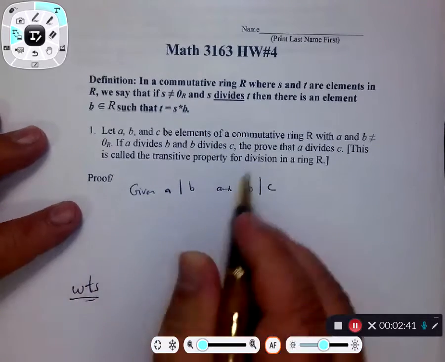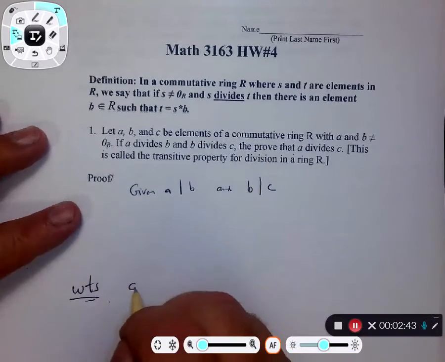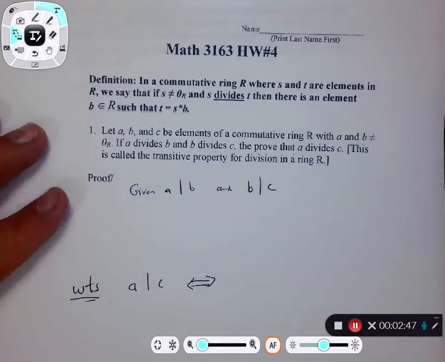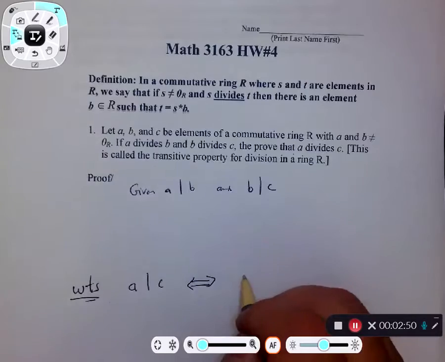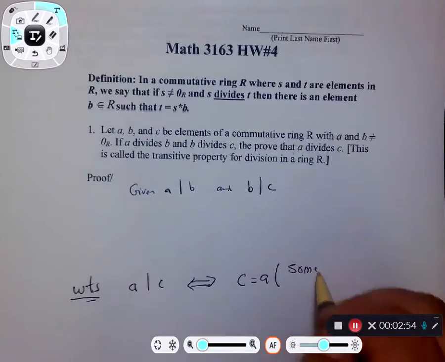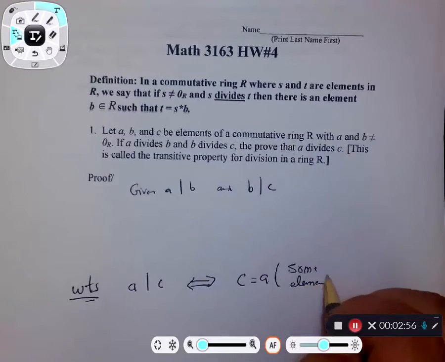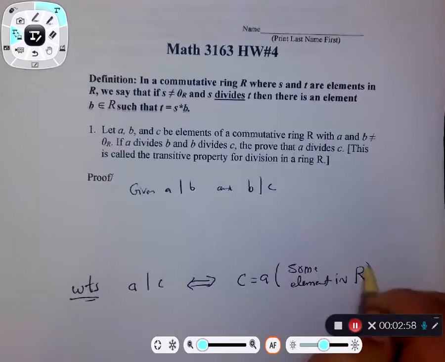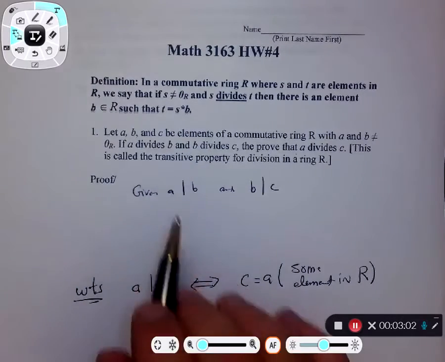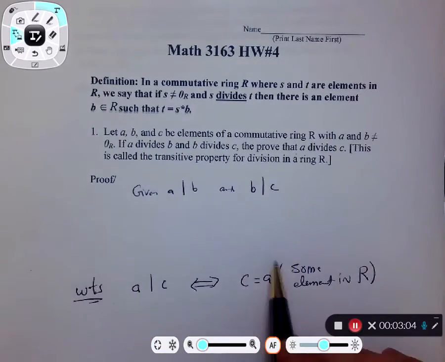WTS: we want to show that A divides C. How do I end up showing A divides C? I want to show that C is equal to A times some element in my ring R. So I want an equation. So let's start with the givens so I can maybe generate this.